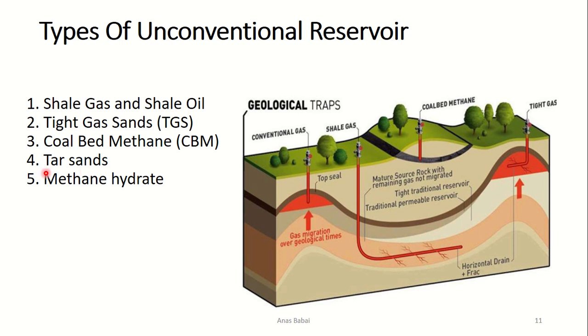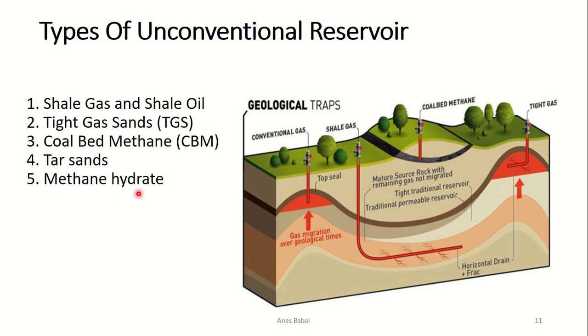Tar sand is a type of sand which is a mixture of sand, water, and a very thick hydrocarbon material, which is bitumen, and it's called tar sand. It's very hard to extract since it's very thick in its form.